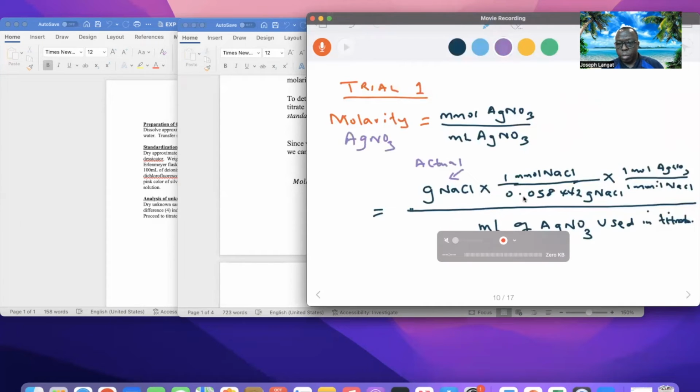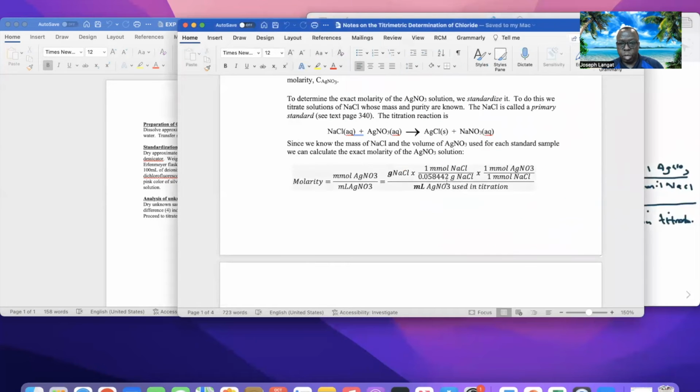You'll use all the significant figures given in this equation. Please do not round off: 1, 2, 3, 4, 5 significant figures. The last one here is the mole ratio between sodium chloride and silver nitrate, all over the mL of silver nitrate used. Look at the over, everything over.